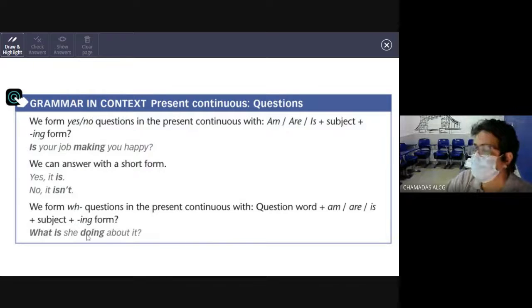What is she doing about it? Look, the WH pronoun first, or the question pronoun first, then verb to be, subject, and ing form of the main verb.